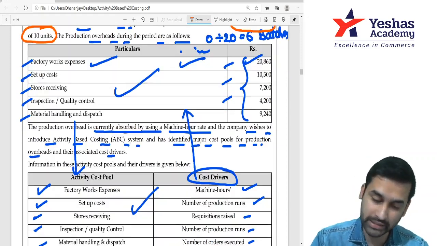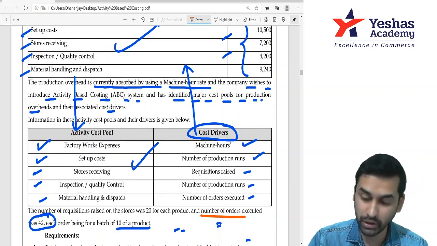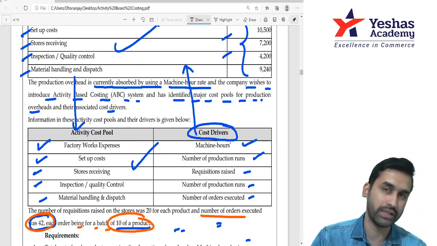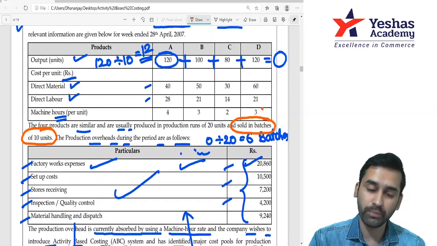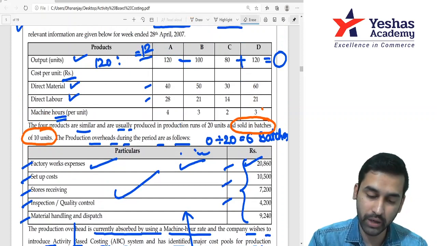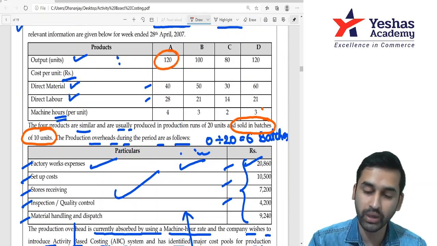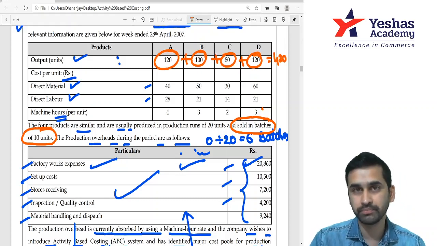Now here, why did I say repetition? They are saying the number of orders executed, that means customer orders executed, are 42. And that is 10 of a product. This 42 was not necessary. Why, sir, not necessary? See in the question, first table. How many units, by the way, are you planning to sell as a company as a whole? Do it in calculator, everybody. 120 plus 100 plus 80 plus 120. This total is coming to 420 units, correct?